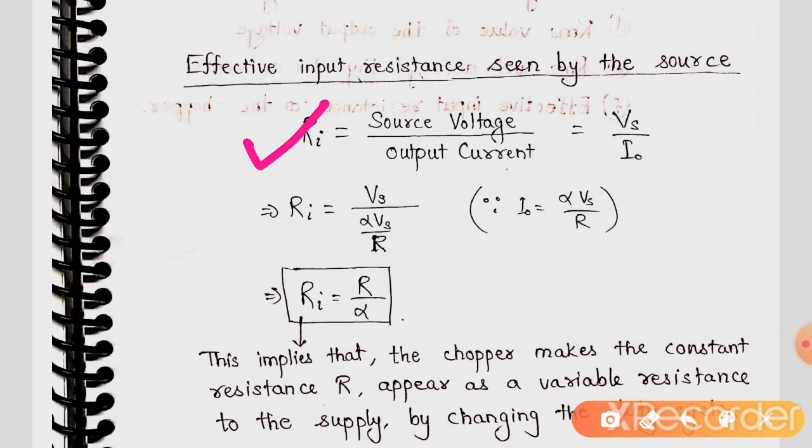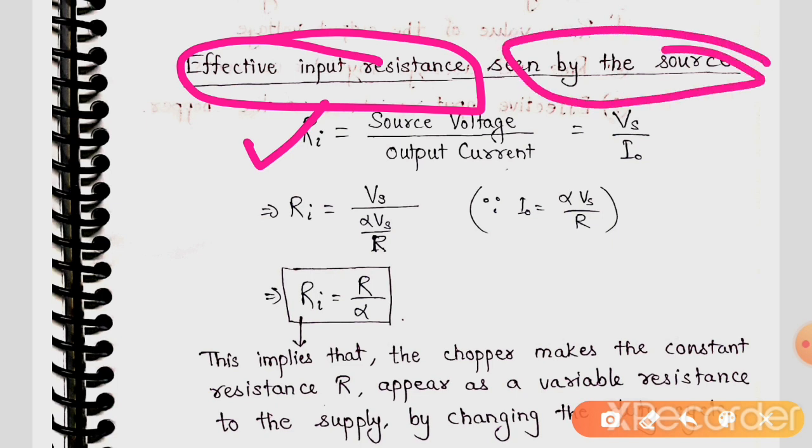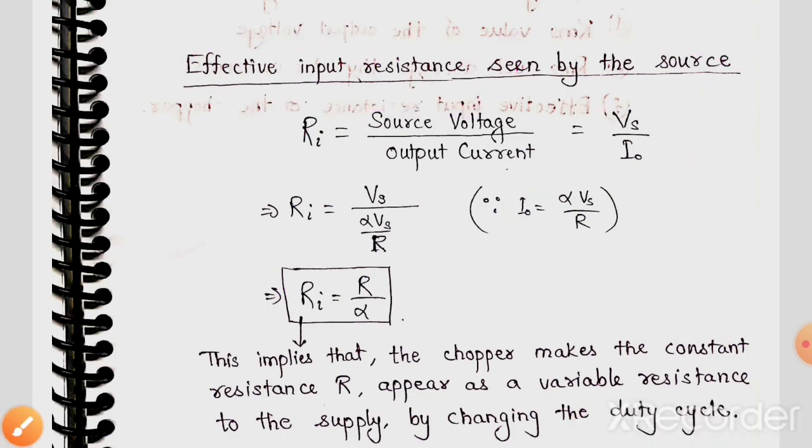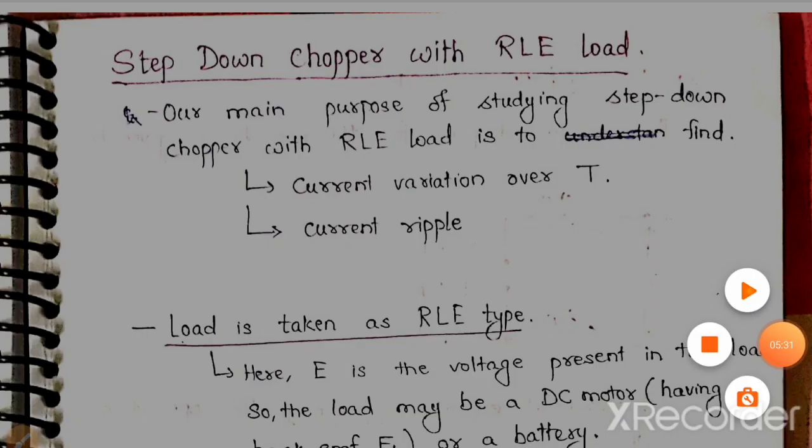So this effective input resistance, which is seen by the source, is equal to source voltage upon output current, Vs upon I naught, and this is equal to Vs upon alpha Vs upon R, because I naught is alpha Vs upon R. So this Ri is equal to R upon alpha. By changing the duty cycle, this effective resistance seen by the source can be changed, and hence the output current can be changed.